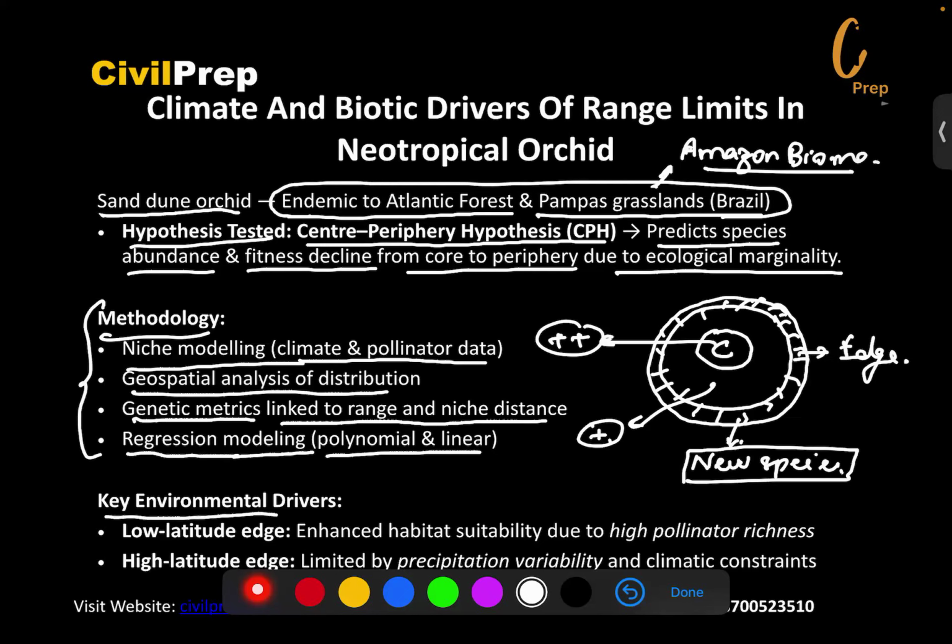Then the key environmental drivers here. First is the low latitude edge and second is the high latitude edge. So when we talk about the low latitude and high latitude edge, here we have Earth, this is the equator. So we'll say that this is a low latitude region and the polar region is a high latitude region.